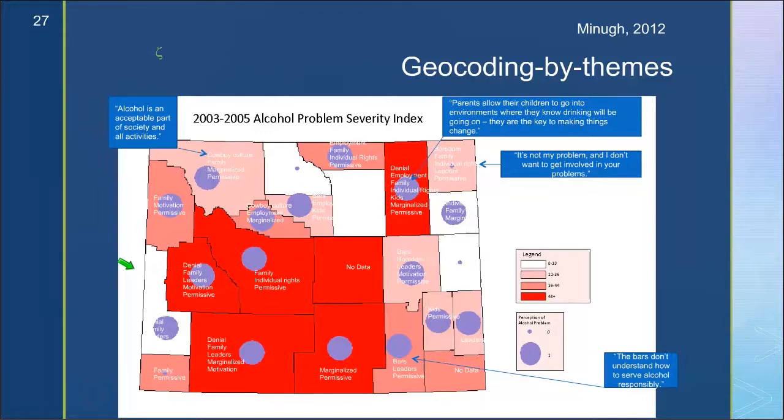So think of a policymaker or disseminating this information to an audience. Remember, the goal was needs assessment of substance use. So you could look at this county right here and see there's a large problem, a large perception of problem. We have indicators of themes that are arising there. And comparing that to the county next door, even though there's a larger perception of problem, in reality, the problem severity index was low.